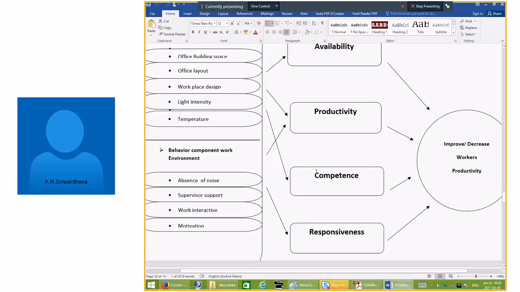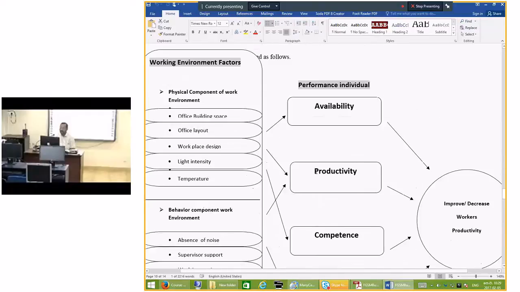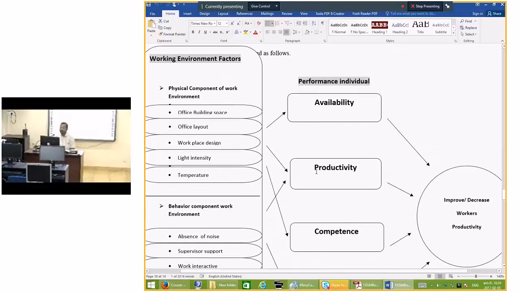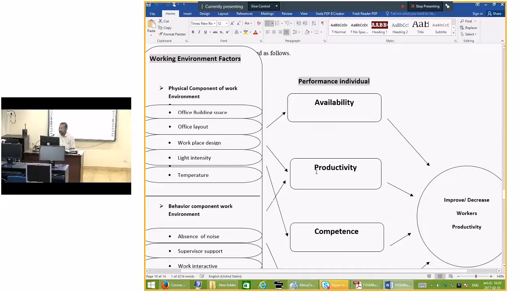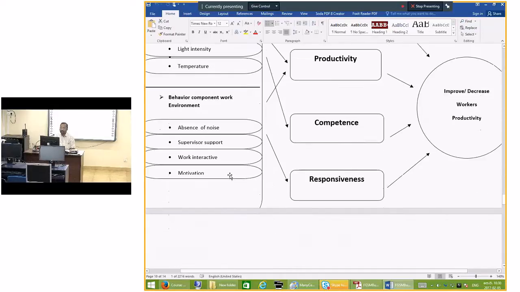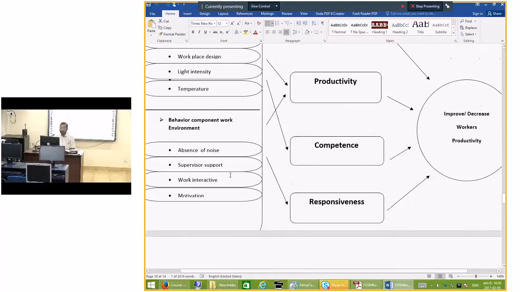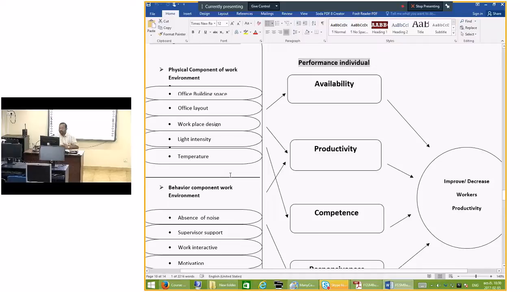But to improve your conceptual framework, it is a little bit confusing to me. That means it is confusing to everyone. Now the independent variables are clear: the physical component of the environment and the behavioral component of the environment.